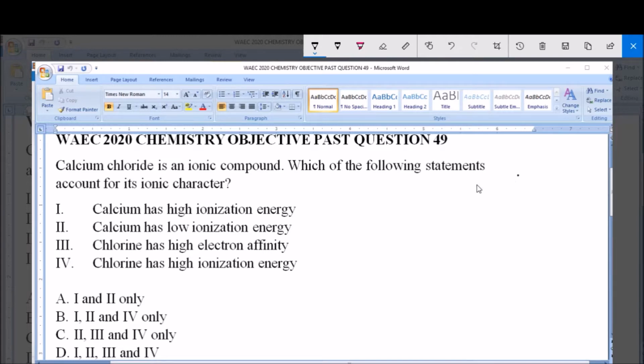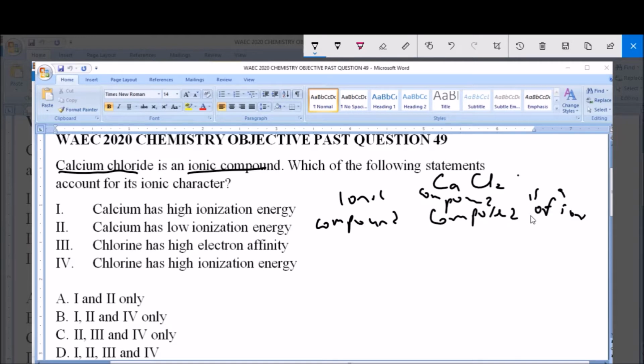So the compound calcium chloride, that is CaCl2, is an ionic compound, and an ionic compound is a compound composed of ions held together by electrostatic forces called ionic bonds.